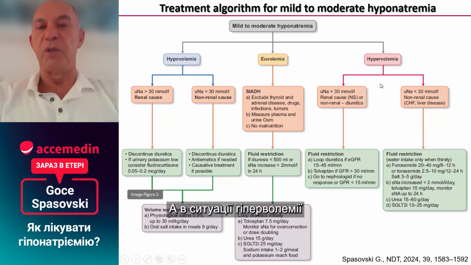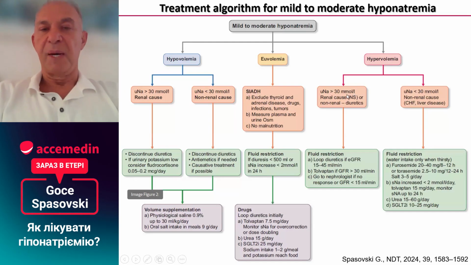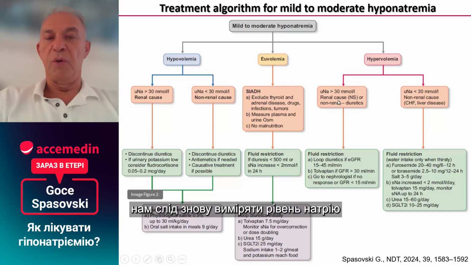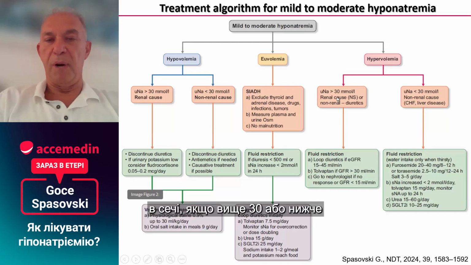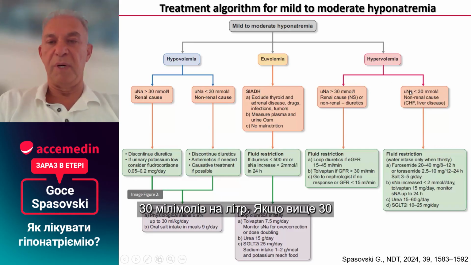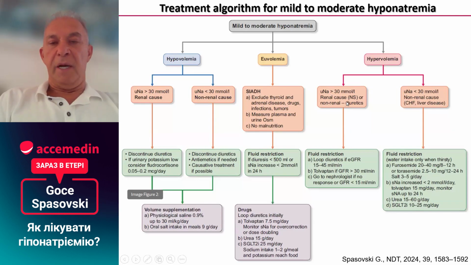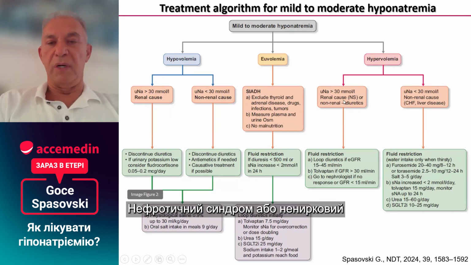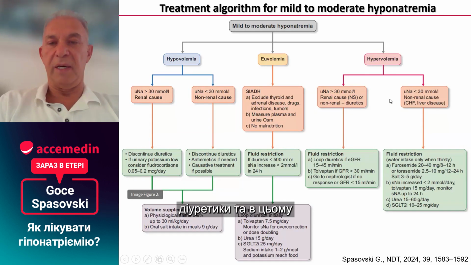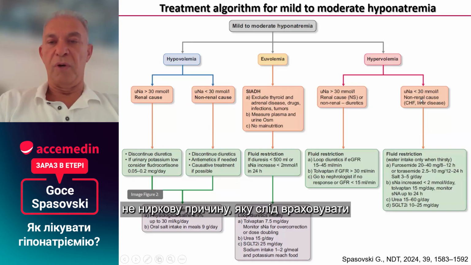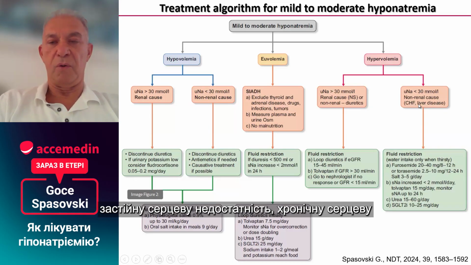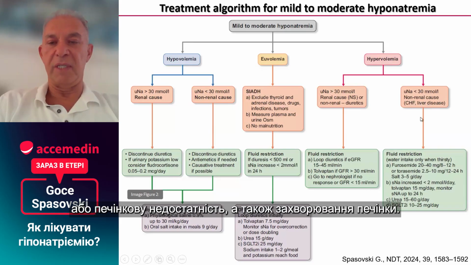And in the situation of hypervolemia, we should again measure urinary sodium, whether above 30 or below 30 millimoles per liter. If above 30, again, we should consider a renal cause, nephrotic syndrome, or diuretics. And in a non-renal cause, we should consider congestive heart failure, chronic heart failure, and liver disease.